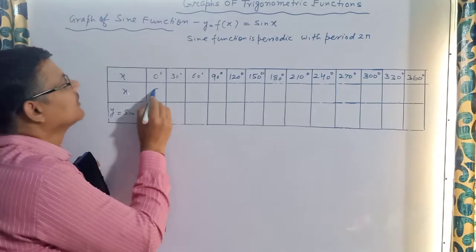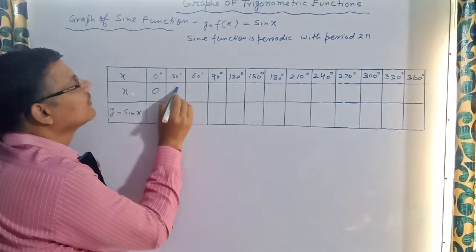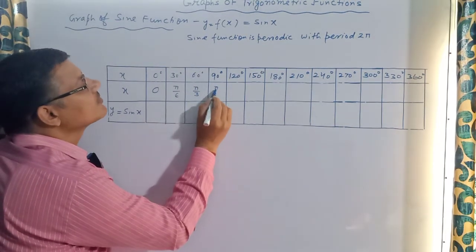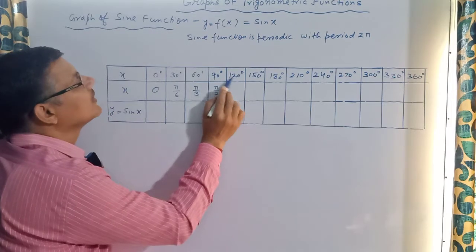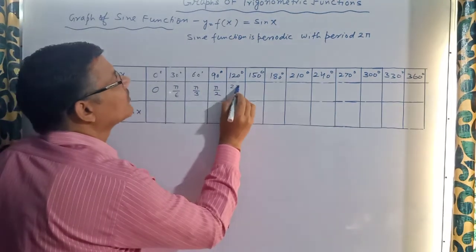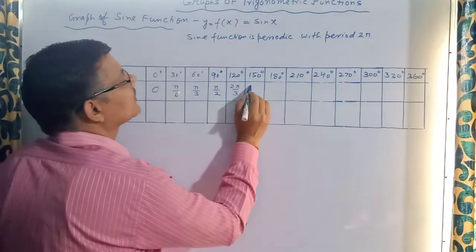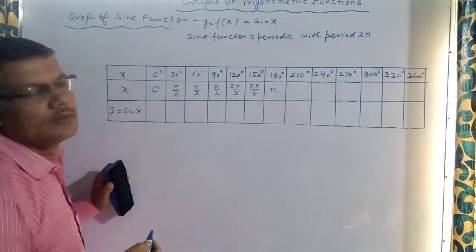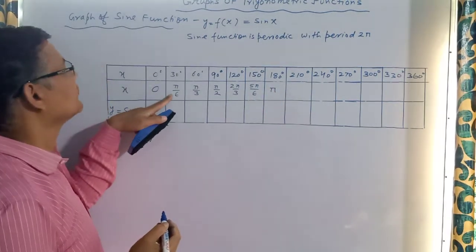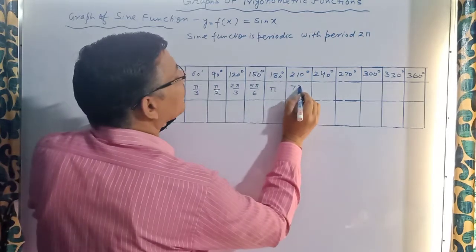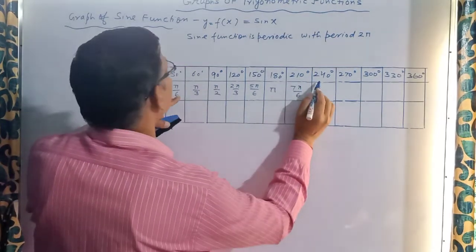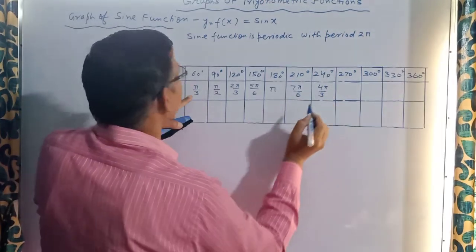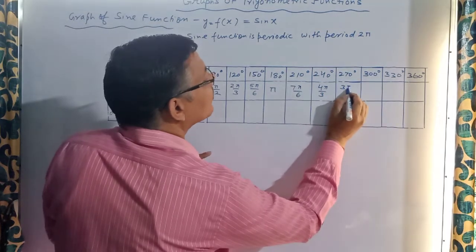You directly write the angle in radian. So what about the radian? It is 0 radian, 30 degree is pi by 6. It is pi by 3, it is pi by 2, 120 is 2 times of 60, that is 2 pi by 3, it is 5 times of 30, 5 pi by 6, it is well known for you, pi, 210, 7 times of 30, so it is 7 pi by 6, and 240, 4 times of 60, that is 4 pi by 3, and it is 3 pi by 2.